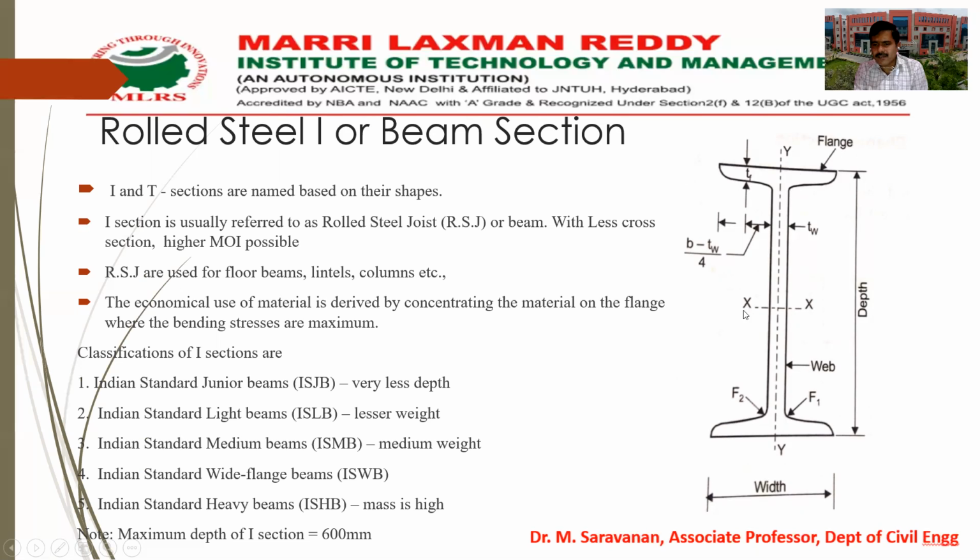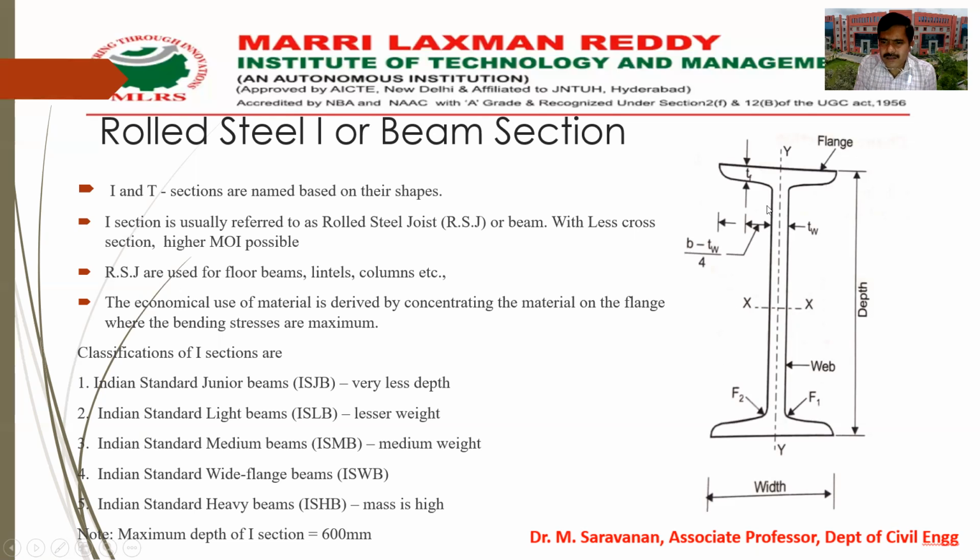Therefore, at the neutral axis, the bending stress is 0. On the extreme top fiber, you will get the maximum compressive bending stress, and on the extreme bottom fiber, you will find the maximum bending tensile stress.